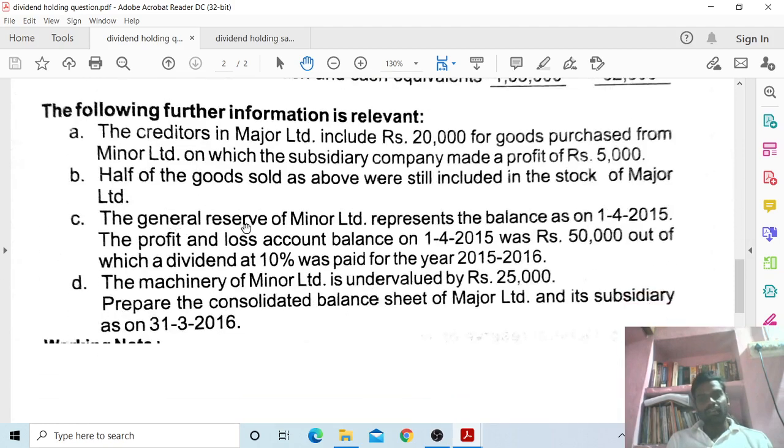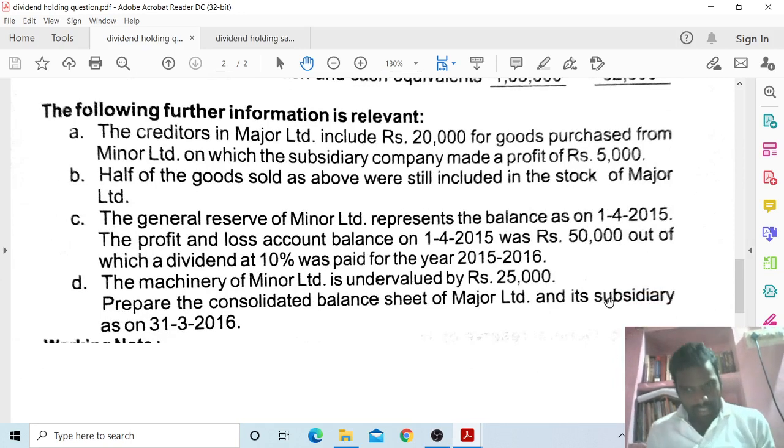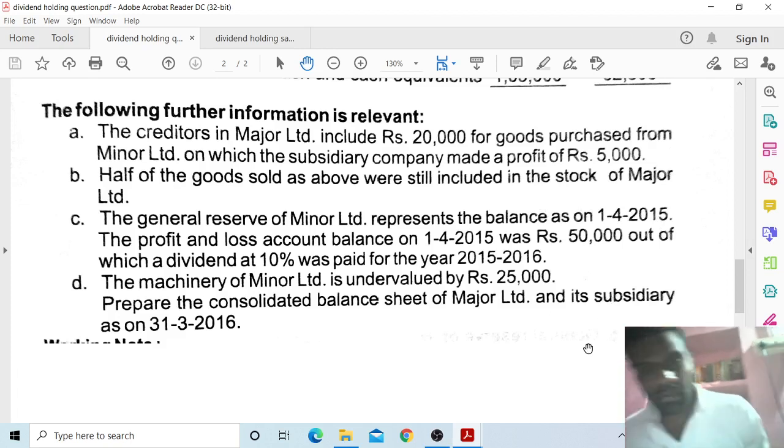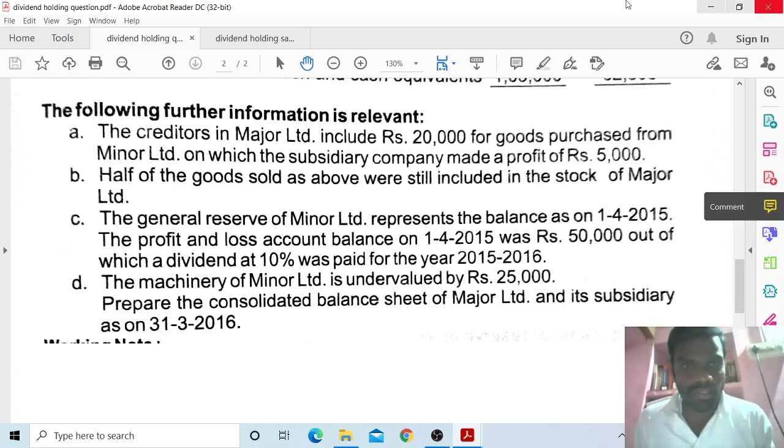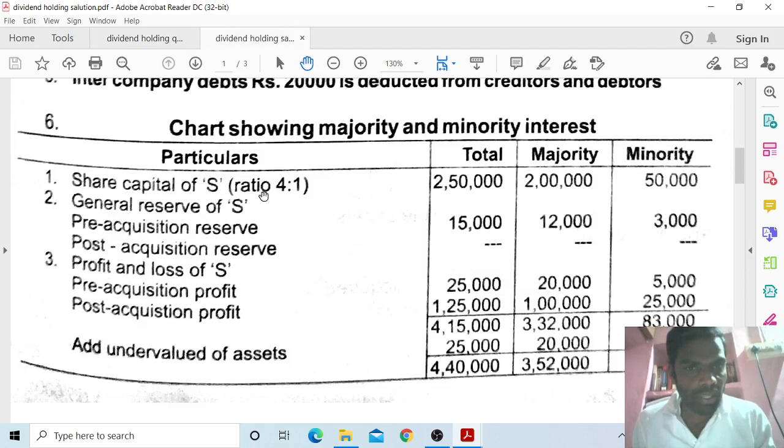The general reserve of Minor Limited represents the balance on 1/4/2015. Before the start of the business of Minor Limited there is a balance already in reserve, so it comes under pre-acquisition reserve or capital reserve. So this is 15,000, in the ratio 4:1, so 12,000 and 3,000 rupees.